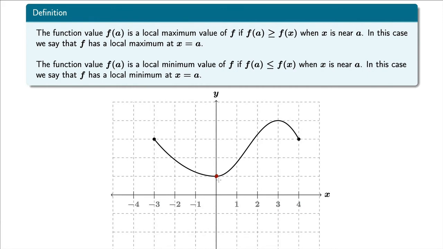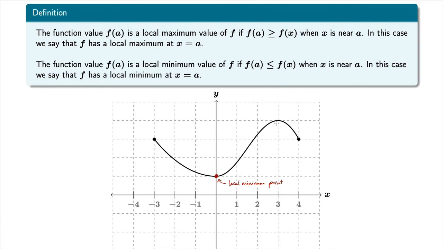So this point would be called a local minimum point. Specifically, the local minimum value is 1 because that's the y value here, and the function has a local minimum at x equals 0 because that's the x value.